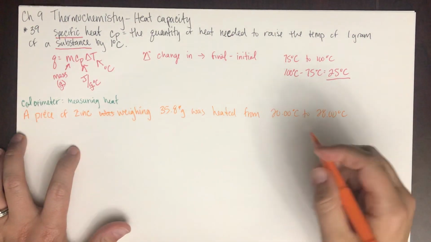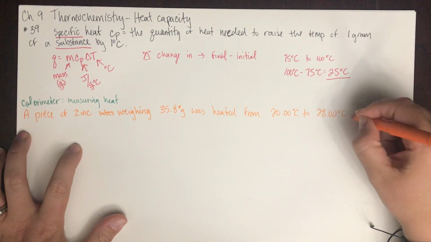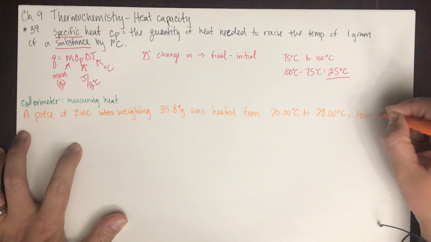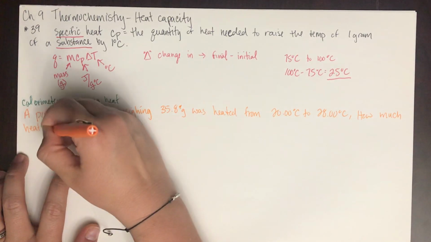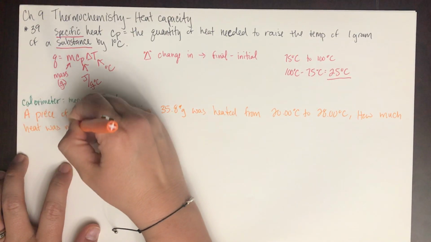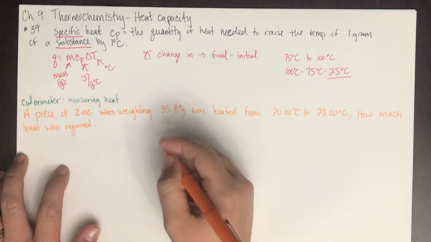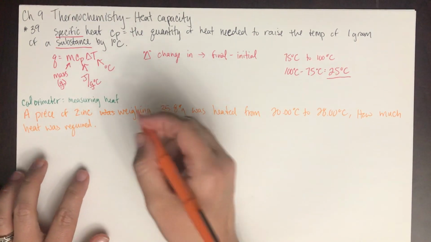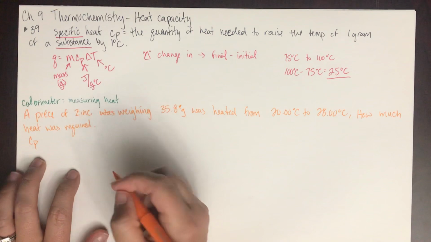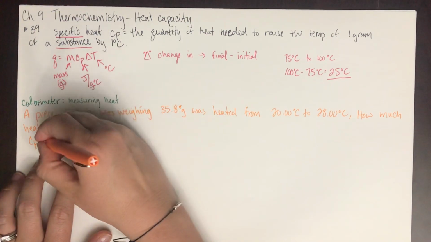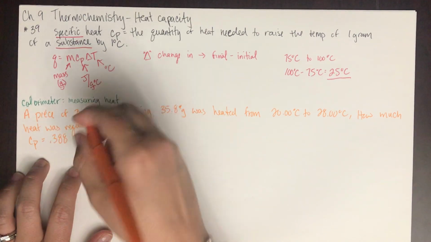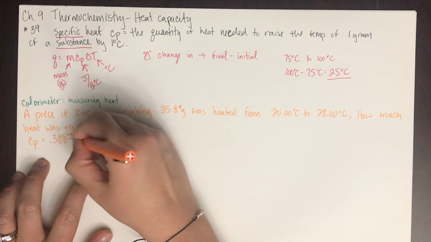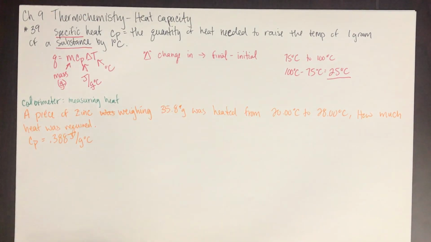How much heat was required? And then also given to you would be the specific heat of zinc, or you would look it up. The specific heat of zinc is 0.388 joules per gram degree Celsius.